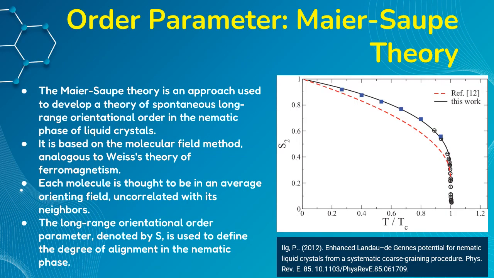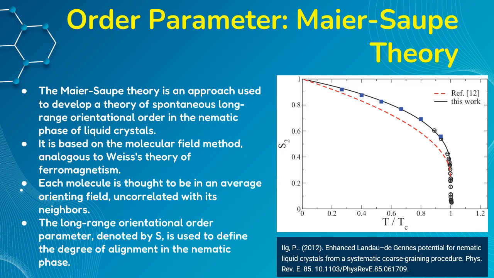So coming to order parameter, in order to quantify the long range order in liquid crystals, we need to define an order parameter, and the Maier-Saupe theory is an approach which is used to develop a theory of spontaneous long range orientational order in nematic phase of liquid crystals.